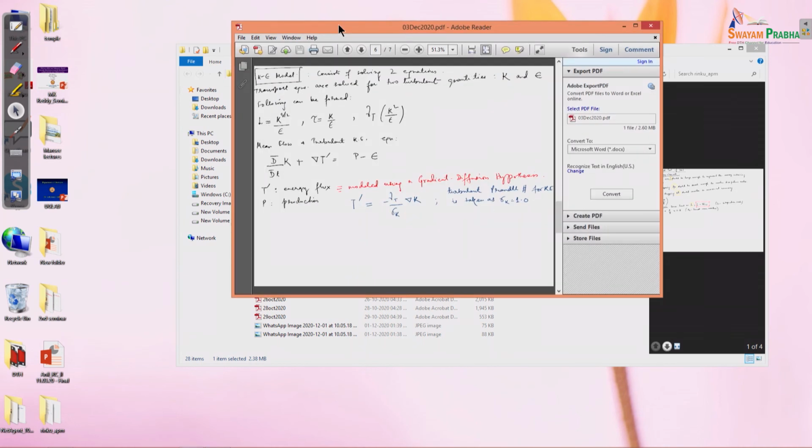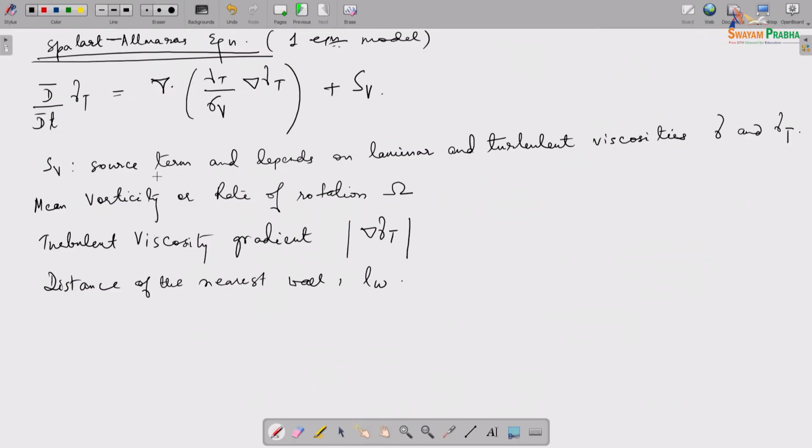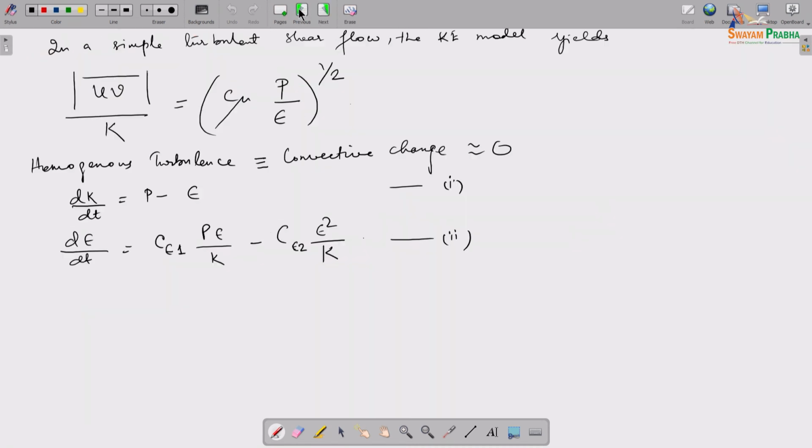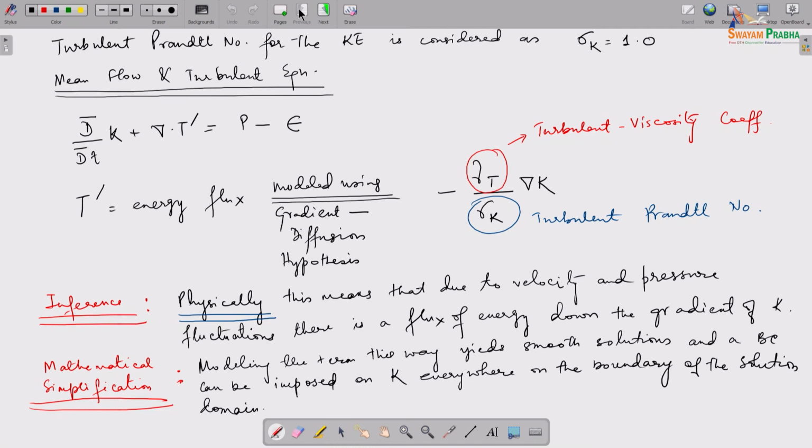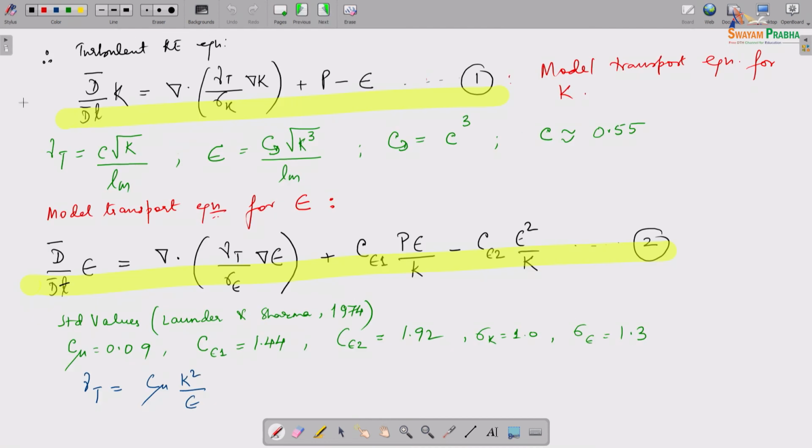Then that's where the turbulence modeling came up, and we started with the K epsilon model. In the K epsilon model, I essentially have two equations, one for K and the other for epsilon. So these are the two equations, 1 and 2 here highlighted: the model transport equation for K and the model transport equation for epsilon, which we solve.